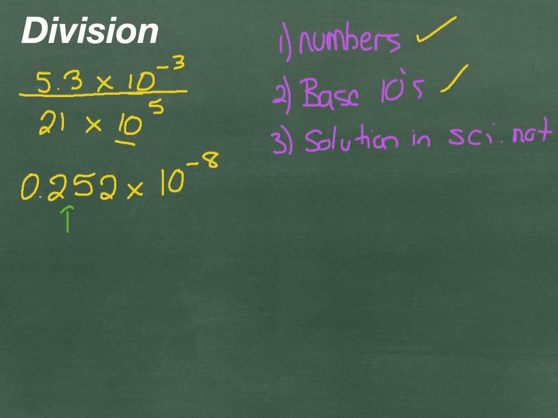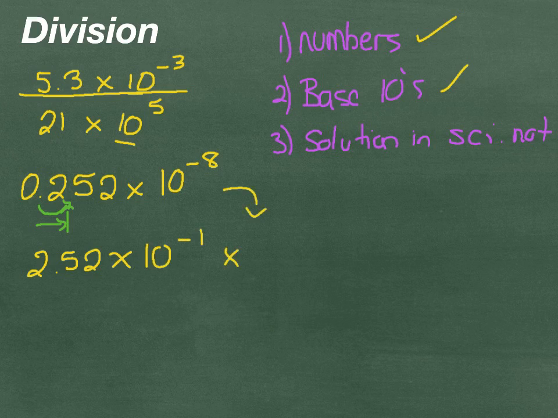In order for it to be in scientific notation, our decimal has to be next to this 2. So we're going to move it over once to the right, which means that instead of 0.252, we're going to get 2.52 times 10 to the power of negative 1, right, because it's a small number that we're turning into scientific notation, not forgetting our 10 to the power of negative 8 from the original work.